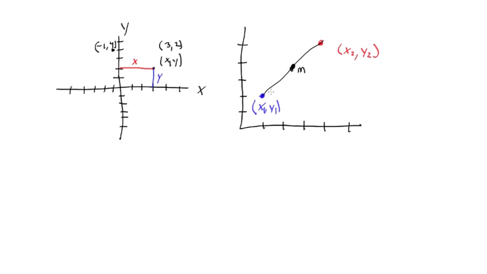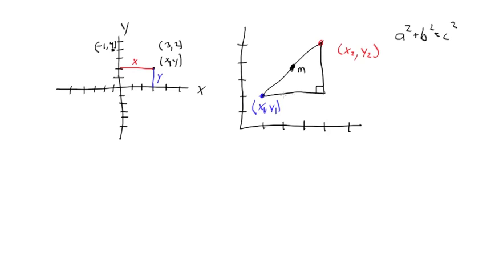Well, we might not know how to find the distance just looking at it. However, we notice if we draw a line parallel to the x-axis, another line parallel to the y-axis, that creates a nice right triangle. We like right triangles. Right triangles satisfy our Pythagorean theorem, a squared plus b squared equals c squared.